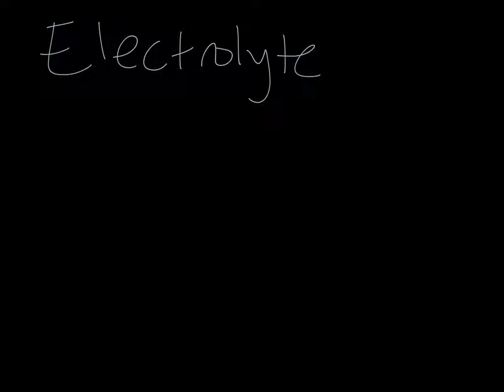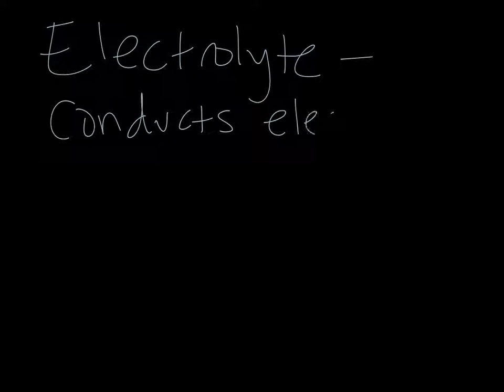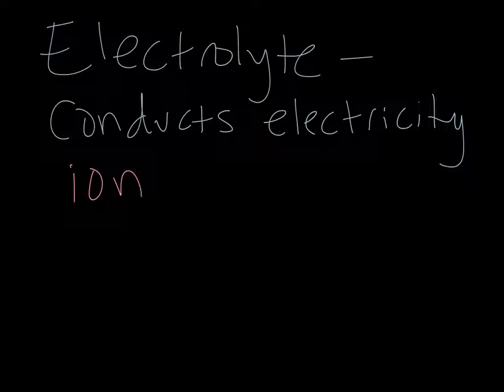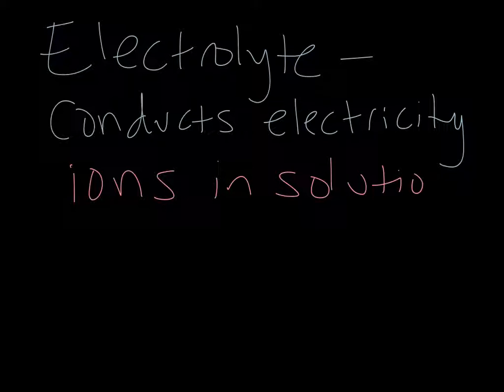When a solution is formed, we can categorize that solution either as an electrolyte or as a non-electrolyte. So an electrolyte is a solution that conducts electricity. And that happens, generally speaking, because there are ions in solution. And those can transport charge.